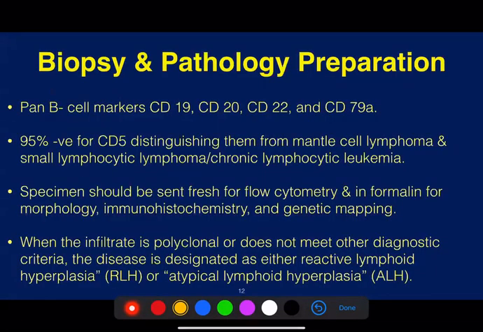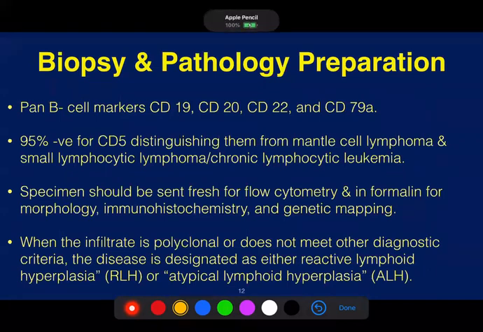Okay, so usually when I do these cases, if I'm suspecting lymphoma, I coordinate with the pathologist. And I discuss with the pathologist what the best biopsy specimen is that he or she will need.